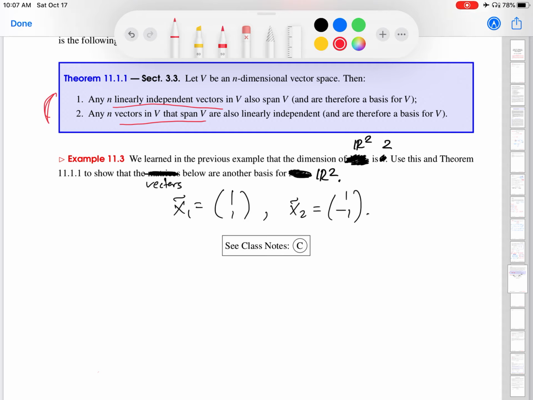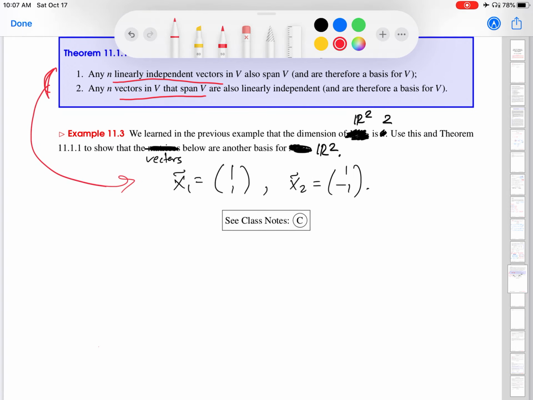I'm going to choose linearly independent because that's a little easier, although the span part is not that much more difficult for this example. So what am I going to show? I want to show that if I take a linear combination of c1 and c2 and set it equal to the zero vector in the space, does this imply that c1 equals c2 equals 0?